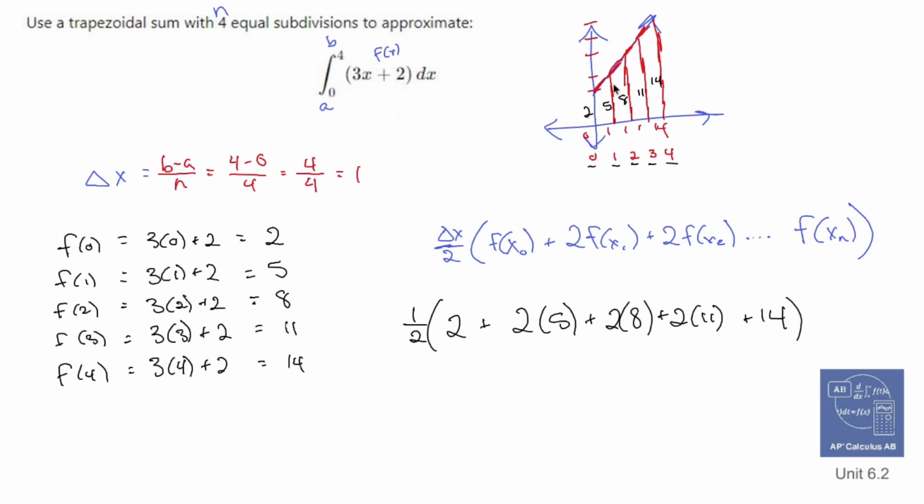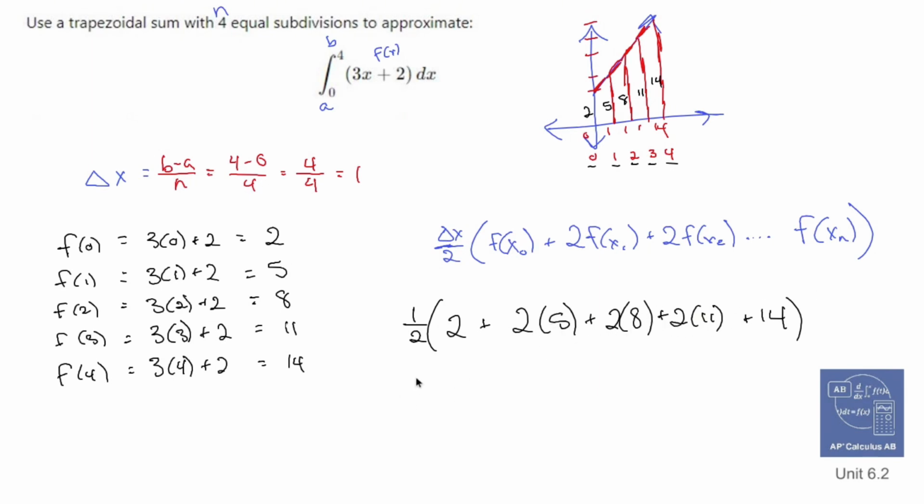This gives me the area of all of the trapezoids. Again, 1/2 of 2 plus 5, 1/2 of 5 plus 8. So 5 is being used twice, 8 will be used twice. That's why these are 2's.